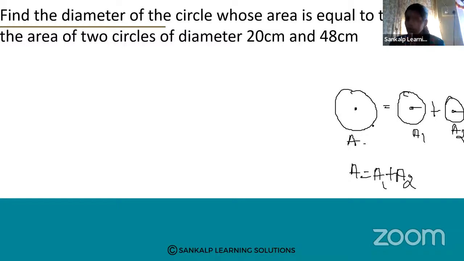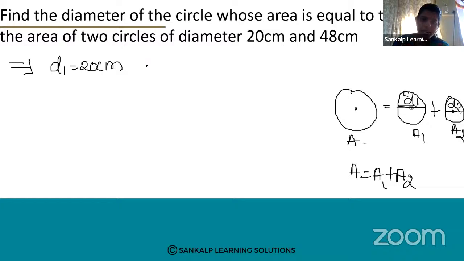Right? Understood? So this circle, whose area is equal to the sum of the areas of two circles of diameter they have given. That is, D1 is equal to 20 centimeter. So call this circle's diameter D1, and this is D2.